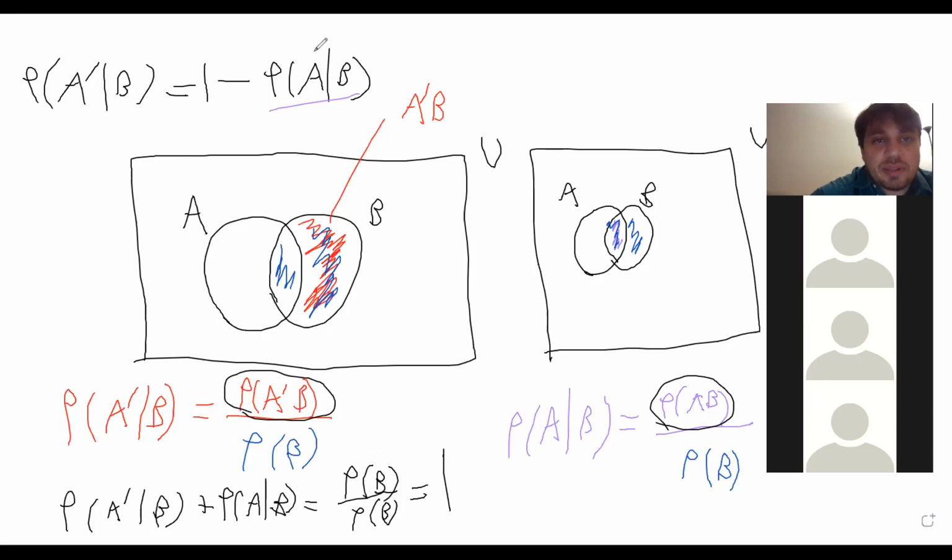So I showed us that this plus this equals 1, and therefore the probability of A prime given B is equal to 1 minus the probability of A given B.